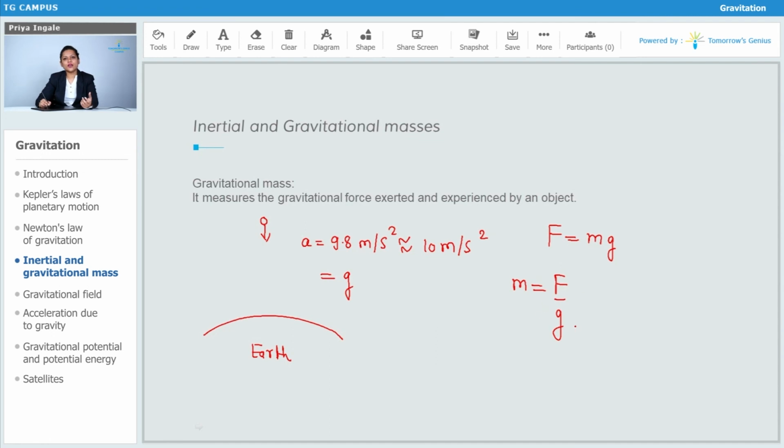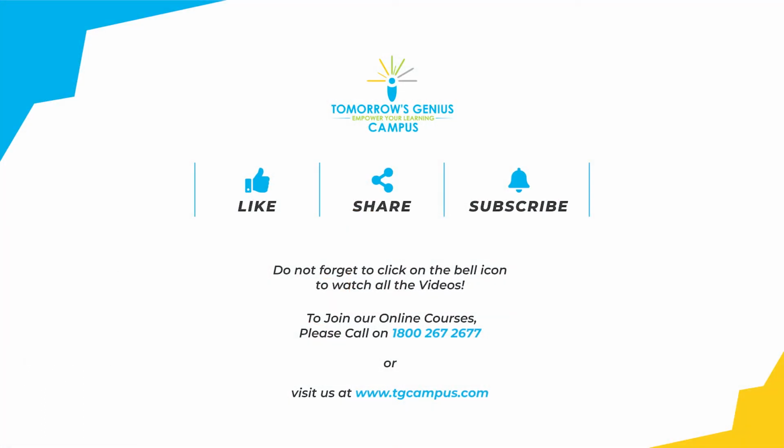If I want to accelerate that mass by g, which is 10 meter per second square, I need to apply a particular force, and then I'll say that mass is the gravitational mass, right? So basically it measures the gravitational force exerted and experienced by an object.